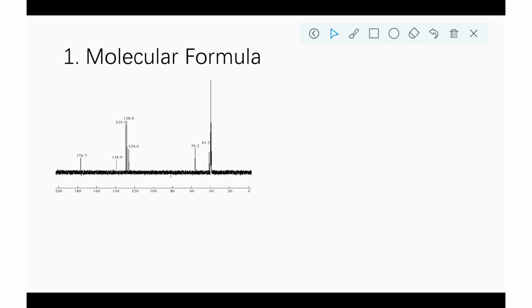And we check out the carbon NMR and we count how many peaks there are. So there's 1, 2, 3, 4, 5, 6, 7. And it gives us that the number of carbon is going to be equal to or larger than 7.